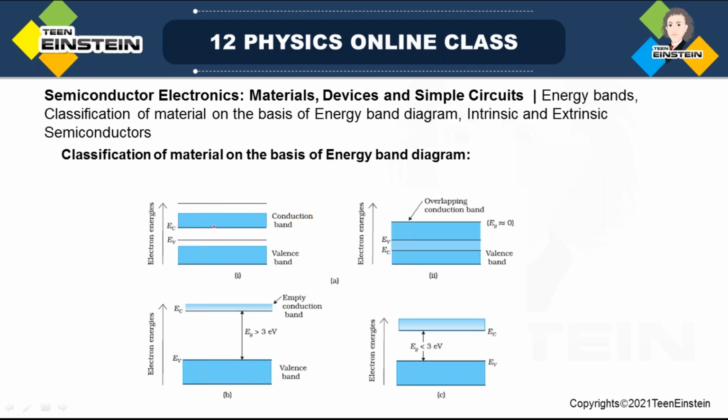One interesting point: generally, at room temperature the conduction band should be empty, but here it is partially filled. This much is filled, only this much is remaining. The conduction band here is partially filled.